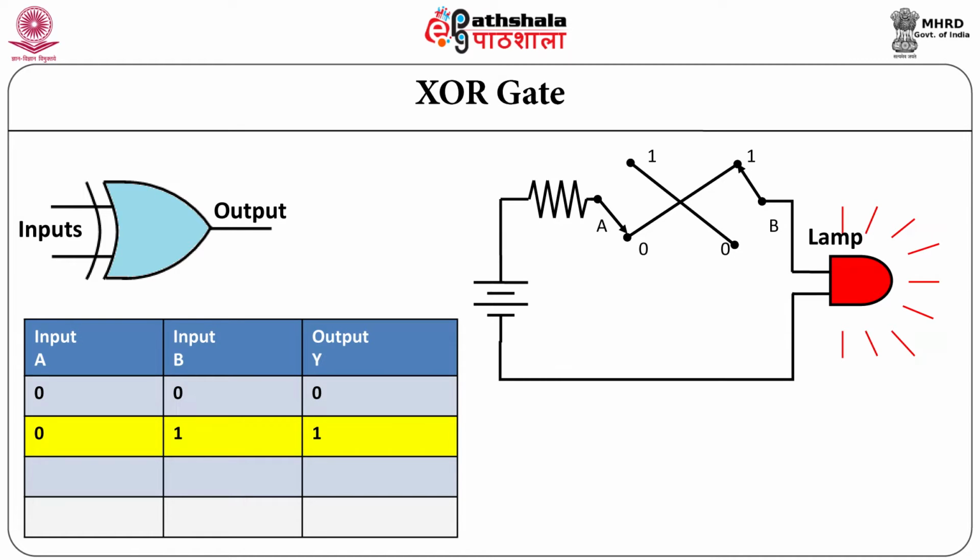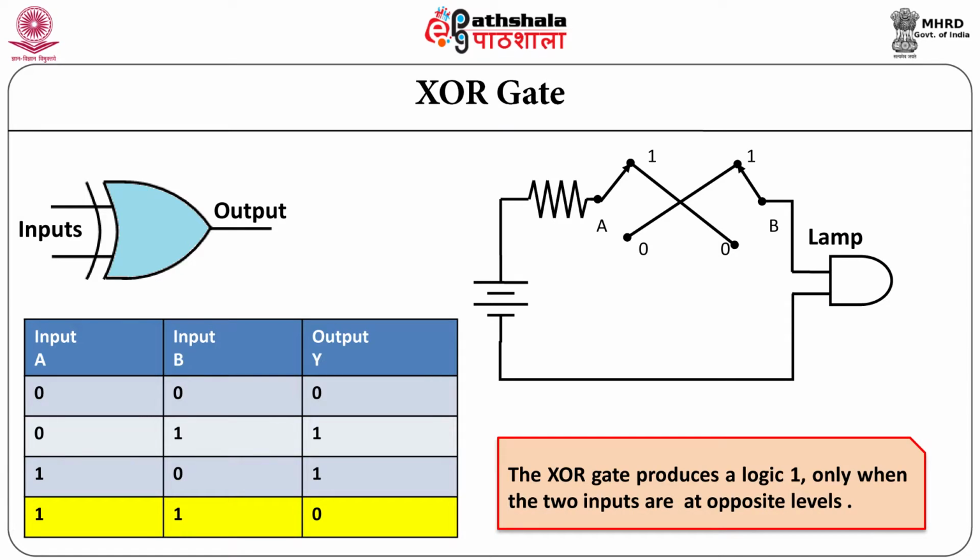The output of the XOR gate is high when one of the inputs is high. The lamp is on when one of the switches is closed. The output of the XOR gate is high when any one of the inputs is high. The lamp is on when any of the switches is closed.